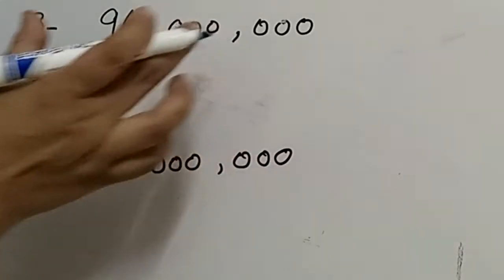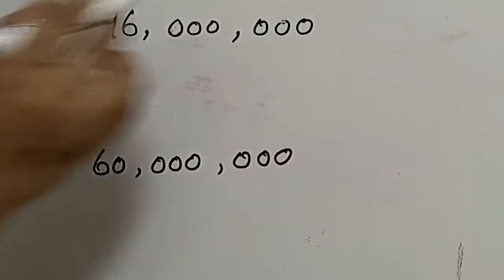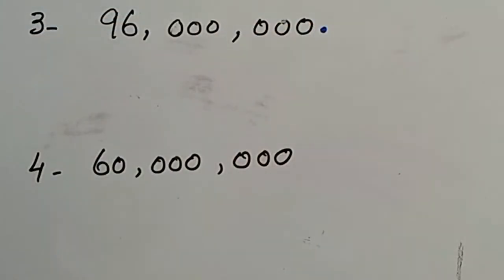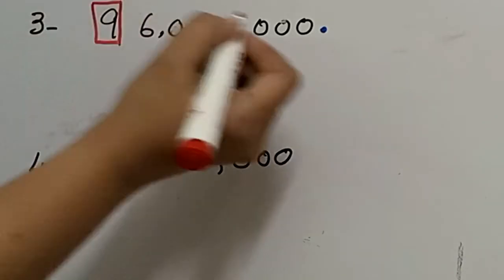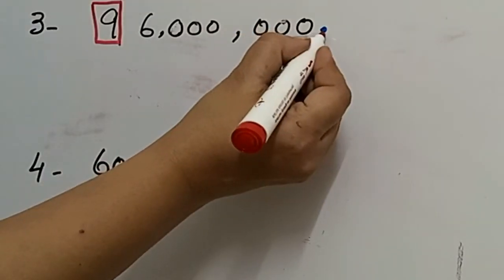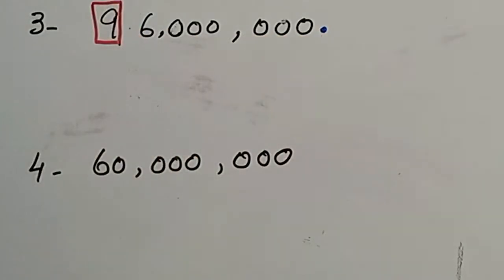So here you can see there is no point. If there is no point, the point will be at the end of any number. And we have to move that point after the first non-zero digit. Here the first non-zero digit is 9. So we have to move that point from this place to this place.